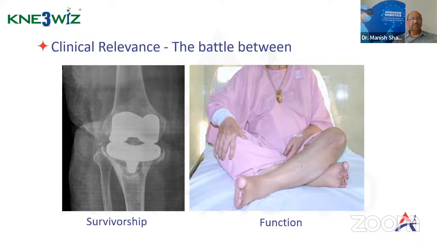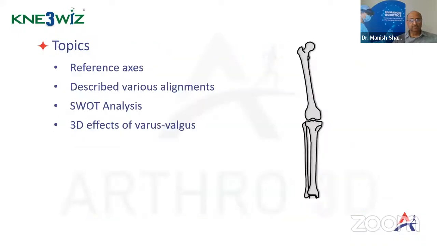And effectively, it's a battle between survivorship and function. Before we discuss various alignments, let's look at the reference axes that we are talking about, the various alignments, their strengths, weaknesses, and the 3D effects which come in from varus and valgus.